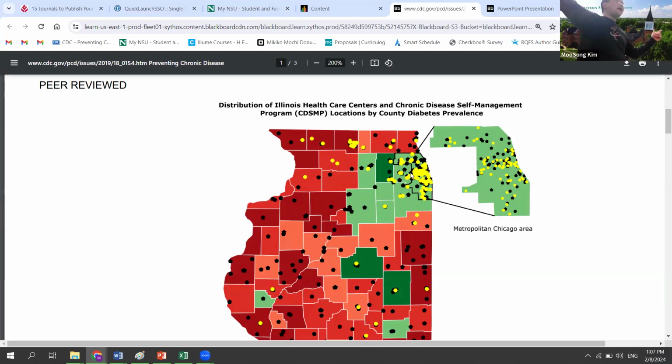Yes, those are health promotion programs, right? And red is the high prevalence of type 2 diabetes, and green is lower prevalence. So what pattern? Areas with more health promotion programs have a lower type 2 diabetes prevalence rate.